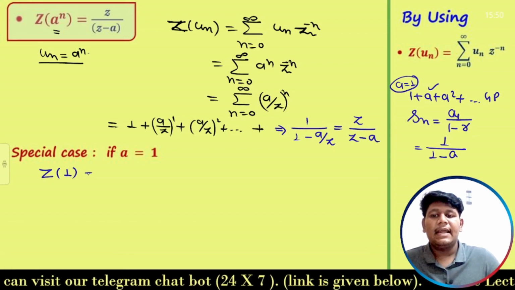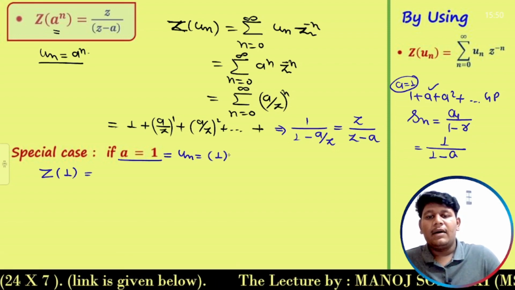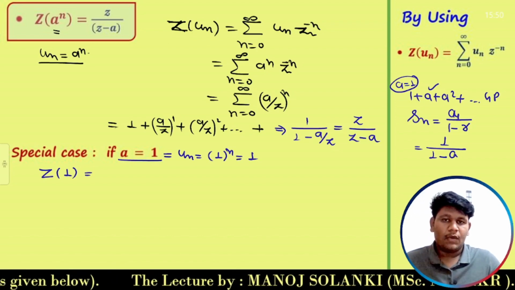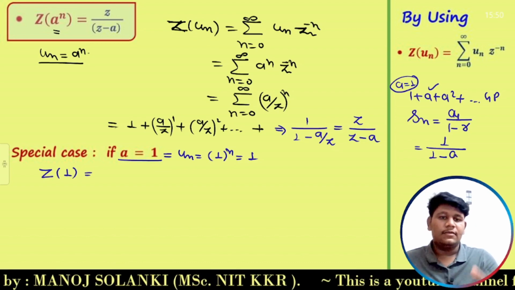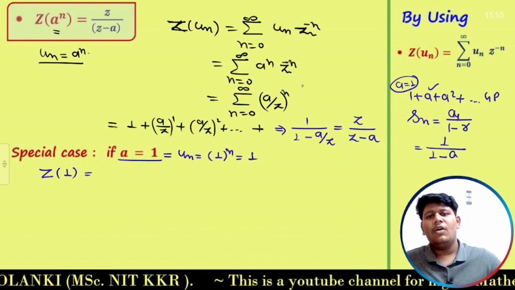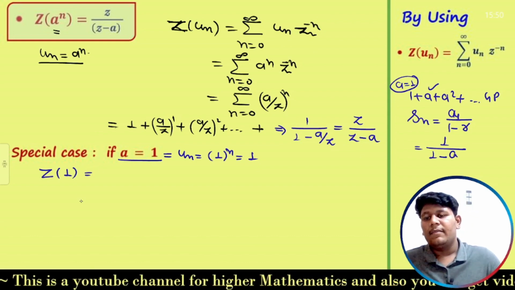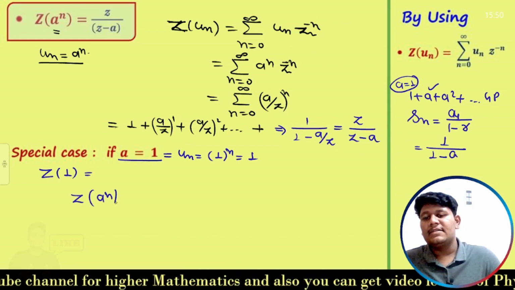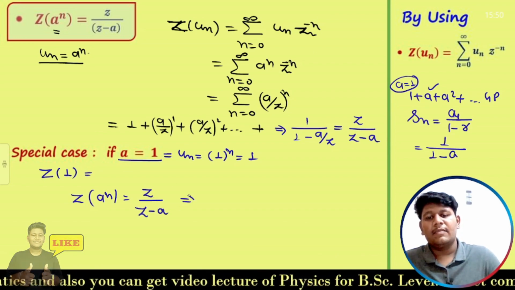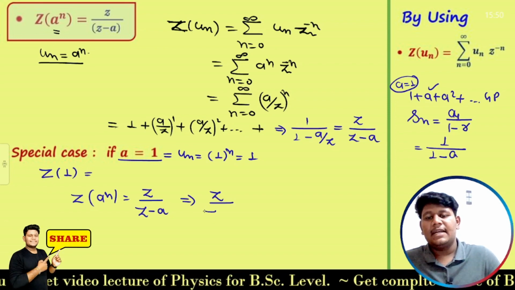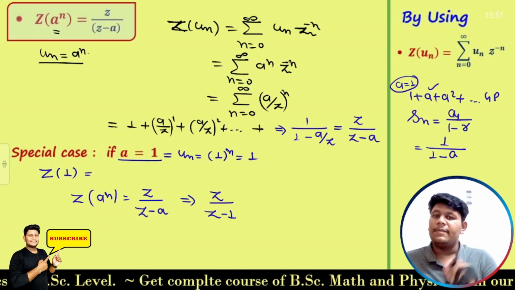If a is 1 and u_n is 1 to the power n, which is 1, we know that this is z upon z minus a, and a is 1. So it is z upon z minus 1. So the z transform of 1 is z upon z minus 1.